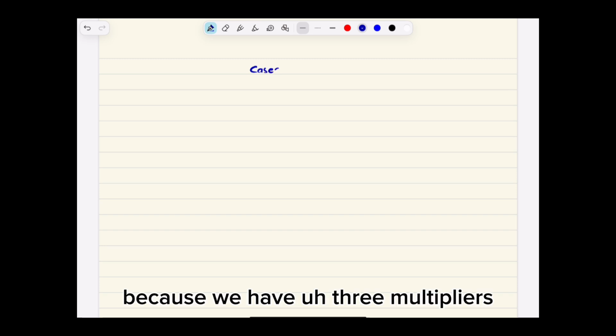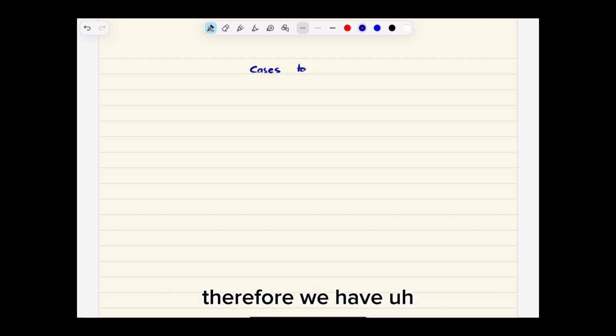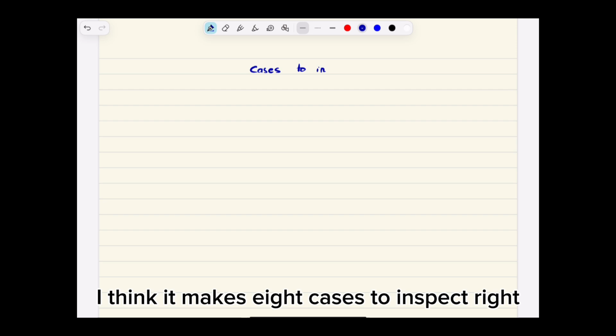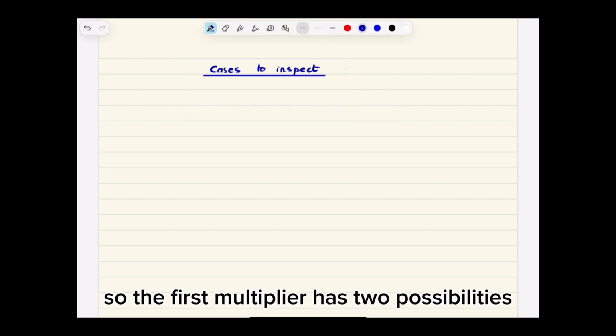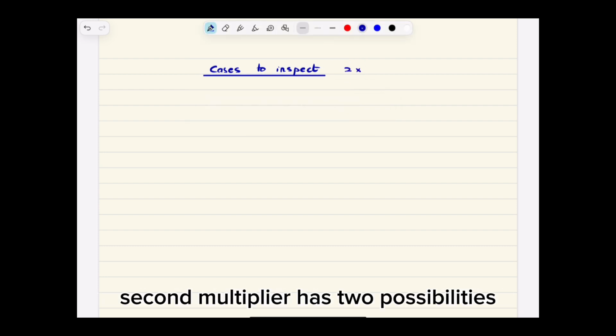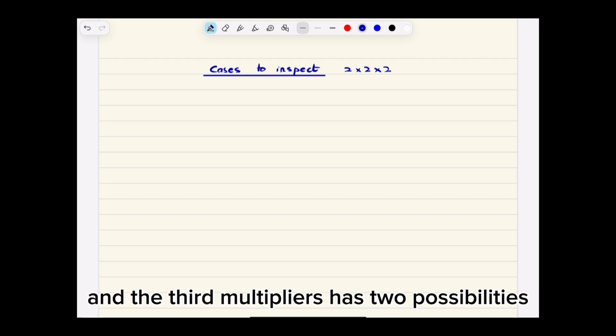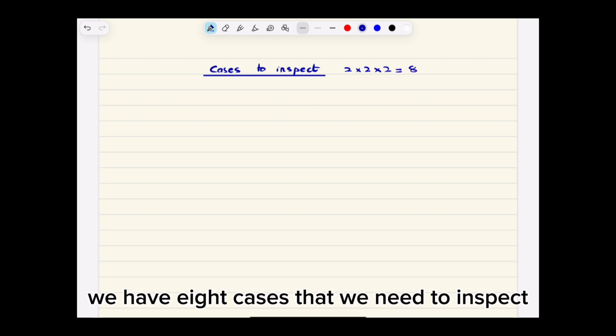Because we have 3 multipliers, it makes 8 cases to inspect, right? Because each multiplier has 2 possibilities. The first multiplier has 2 possibilities, the second multiplier has 2 possibilities, and the third multiplier has 2 possibilities. So we have 8 cases that we need to inspect.